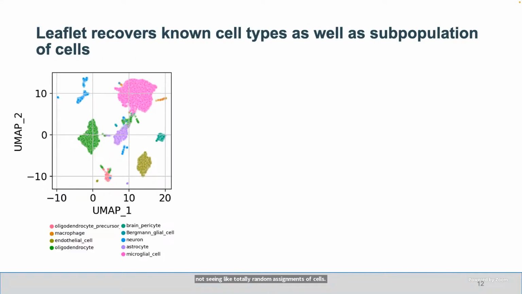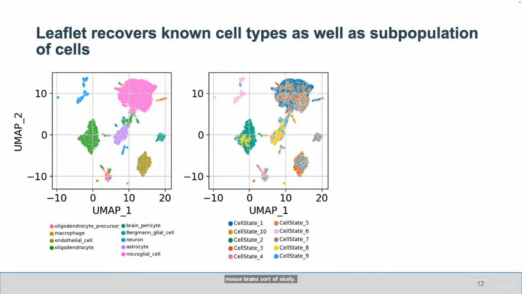If we focus on the same 8,000 cells from the mouse, this representation was made using total gene expression, which is what is most commonly done. We can see the different cell types in the mouse brains nicely separated. But on top of this, we can now also add the cell state assignments that we get from Leaflet on top of the total gene expression representation.